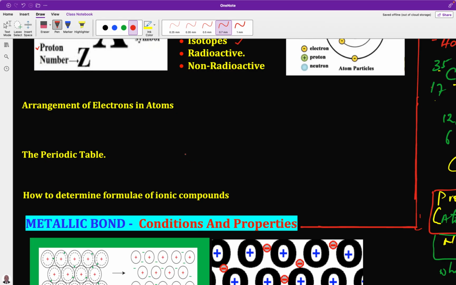The periodic table is arranged into groups and periods.